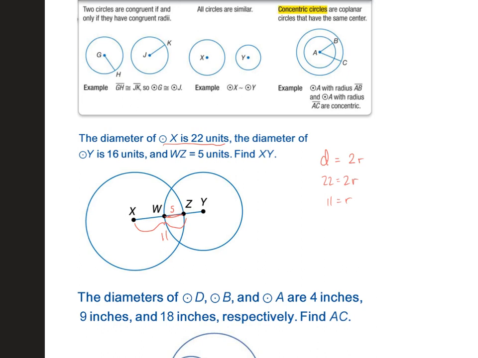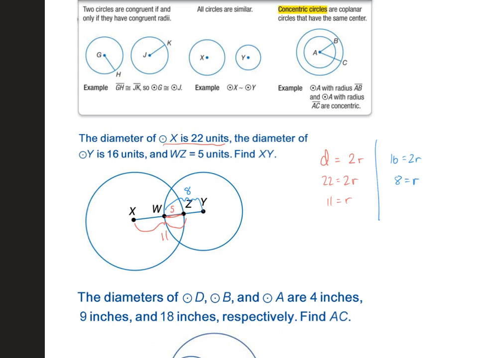And we know that the distance from Y to W, right there, is going to follow the same. 16 is equal to 2r, so that means 8 is equal to r. So that means this distance, YW, is 8.